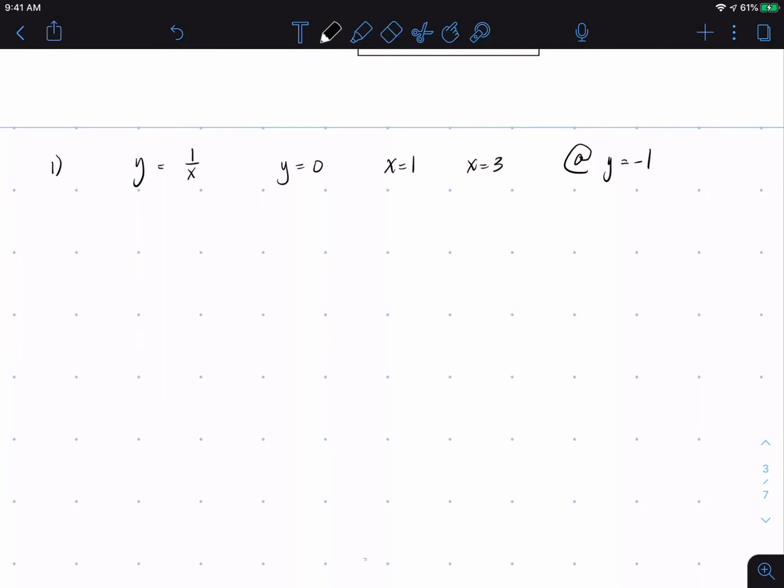So try to graph it and just do the setup, and then I can do the work for you guys so you guys can see. I'll give you guys 3 minutes, okay?